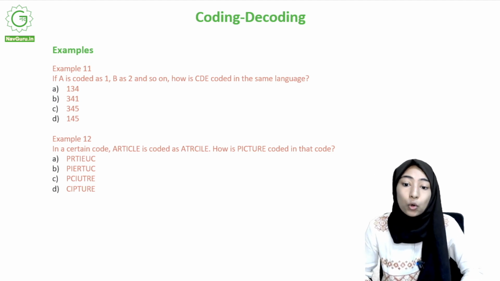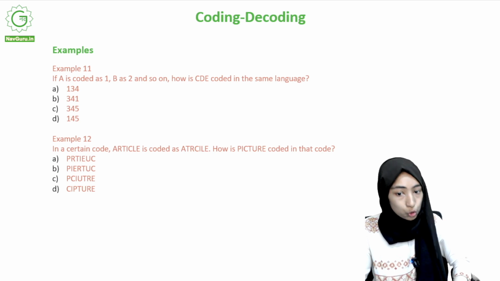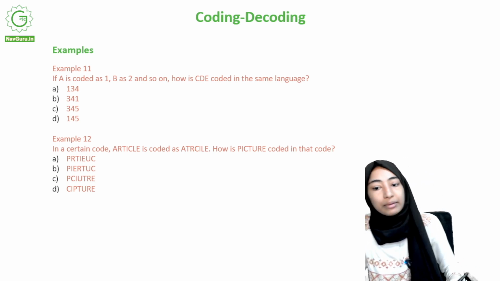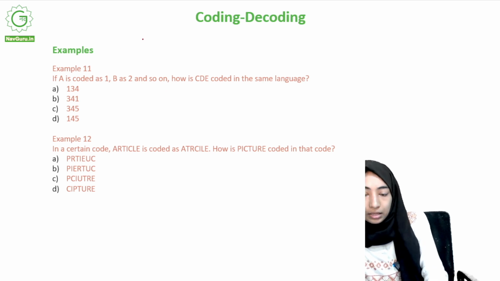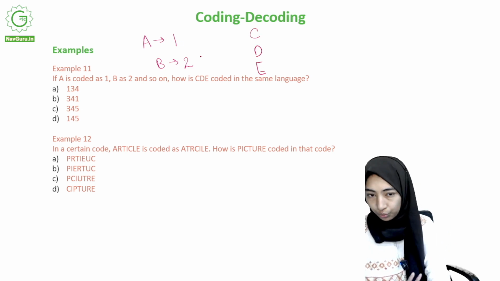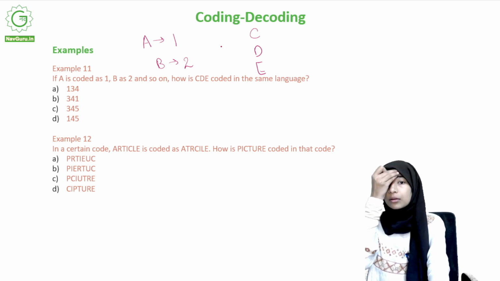If A is coded as 1, B as 2, and so on, how is CDE coded in the same language? Okay. A1, B2. Does something strike in your brain? What is this?